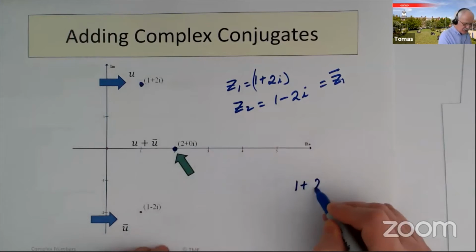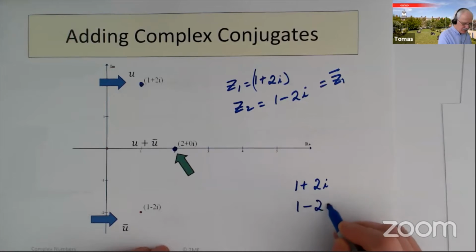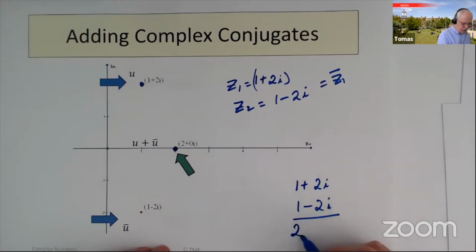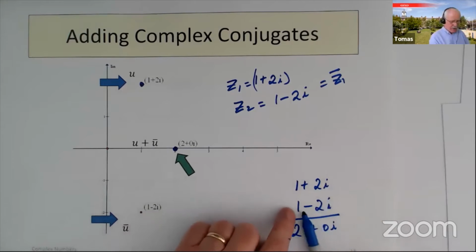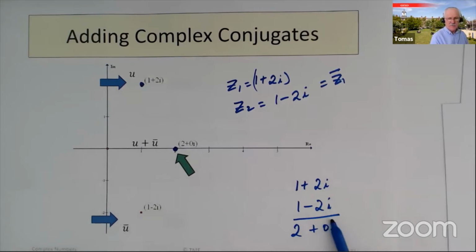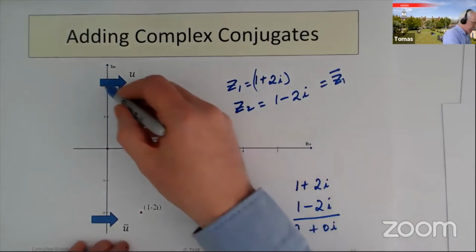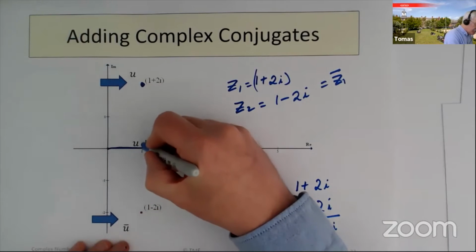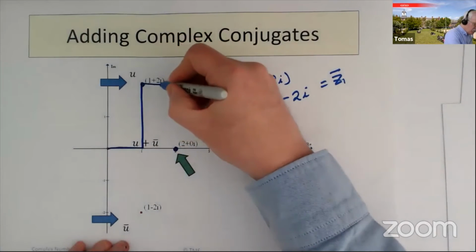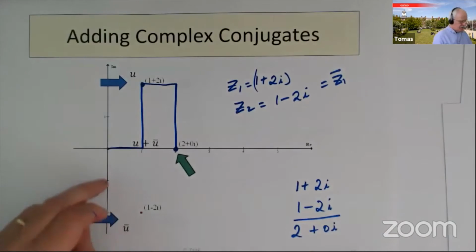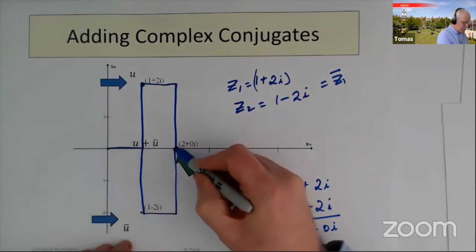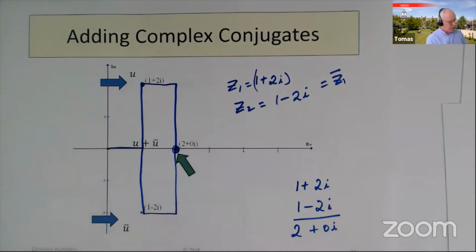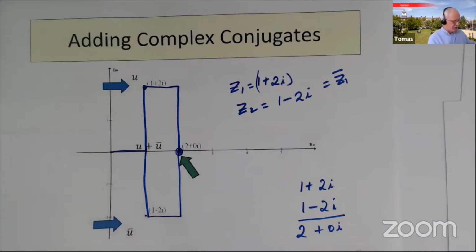So 1 plus 2i plus 1 minus 2i would be 2 plus 0i. So an apple and 2 oranges, and an apple and owing 2 oranges, you'd keep your 2 apples and you'd have no oranges left. So that's the step: 1 out and 2 up, 1 out and 2 down. You could have started 1 out, 2 down, and gone back up this way if you wanted, but you'd always end up there. So that's what adding complex conjugates does.